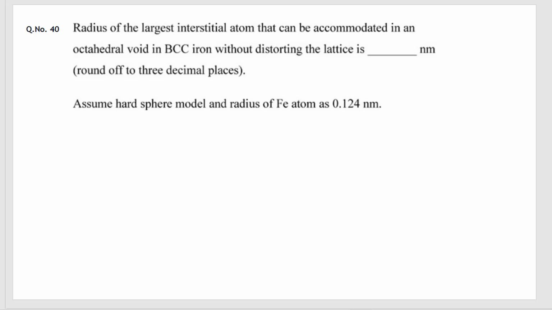Assume hard sphere model and the radius of iron atom is 0.124 nanometer. Right. So here it is being asked about the octahedral void. We know that iron has a BCC structure. Let us draw the BCC structure first.